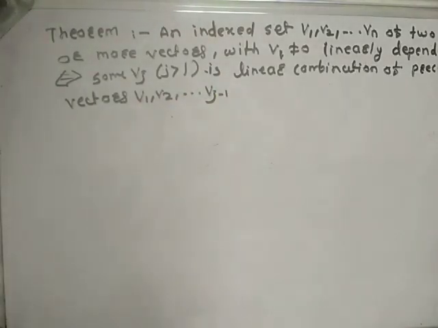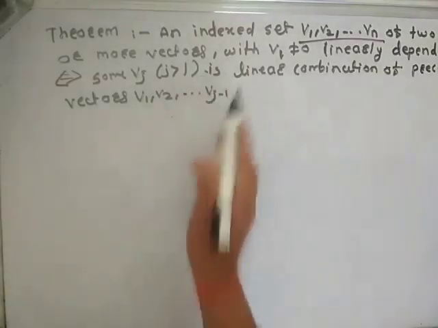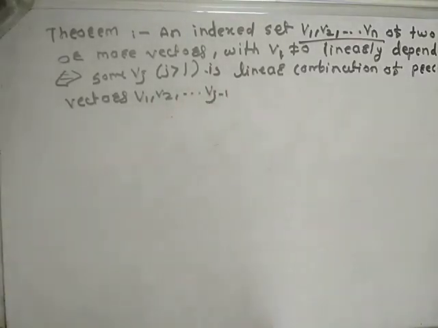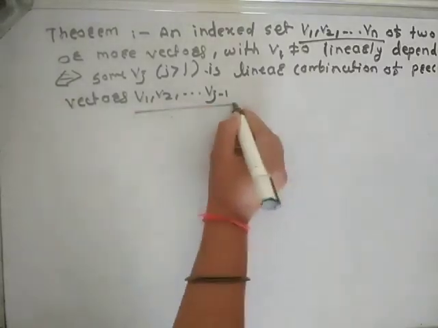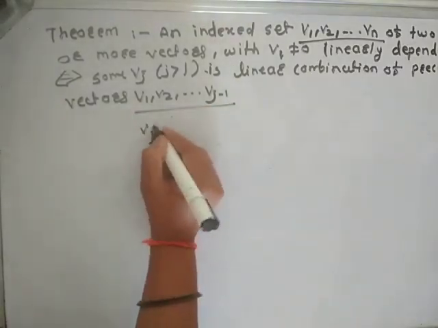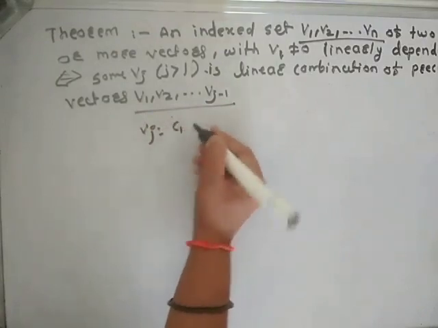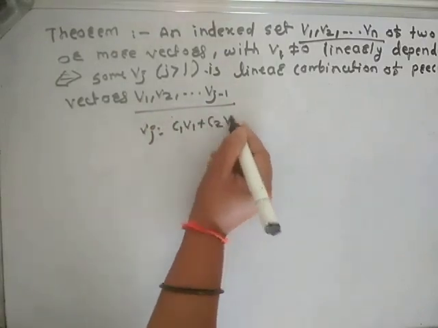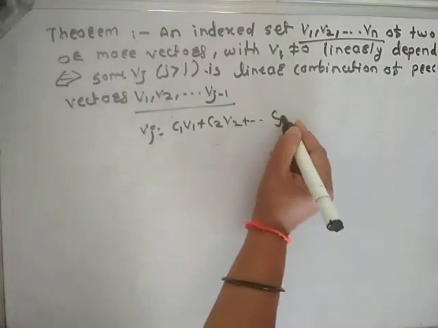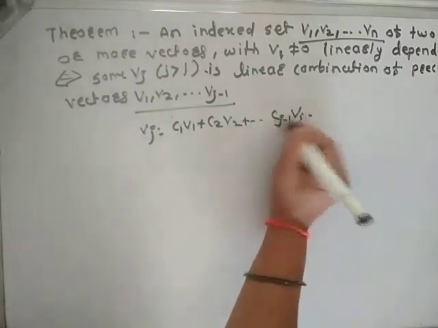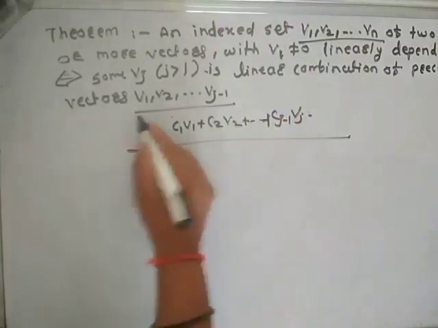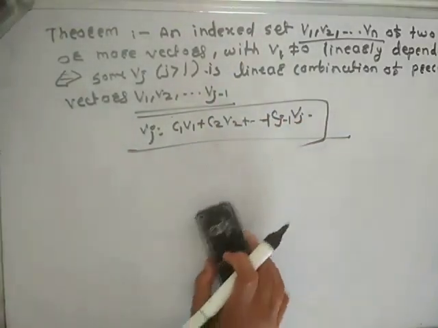This set of two or more vectors with V1 not equal to 0 is linearly dependent if and only if for some Vj, j greater than 1, is a linear combination of preceding vectors. Means Vj can be written as, there exist scalars, C1 V1 plus C2 V2 plus and so on, Cj minus 1 Vj minus 1. Vj can be written in this form.